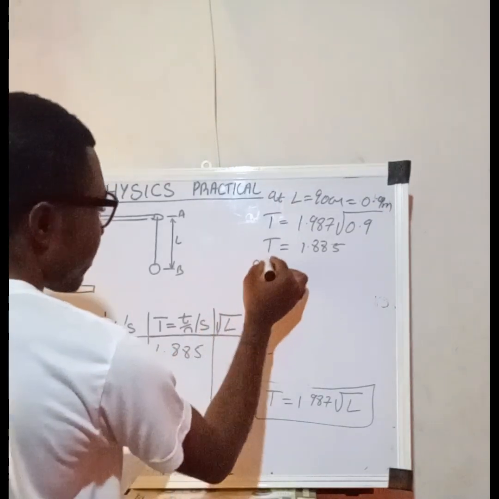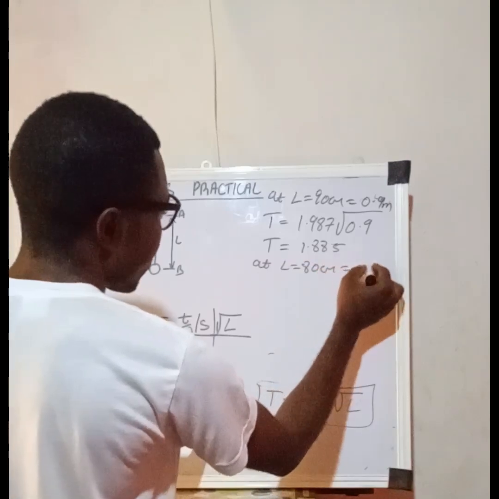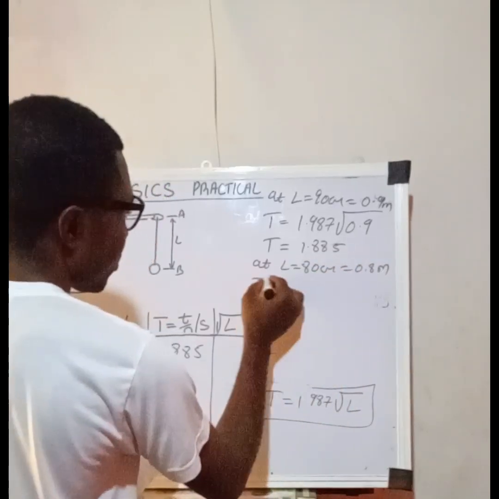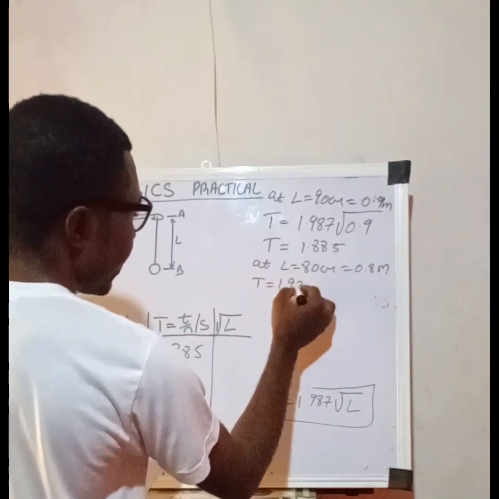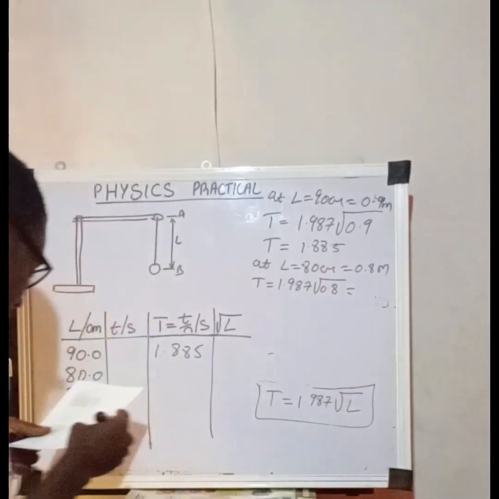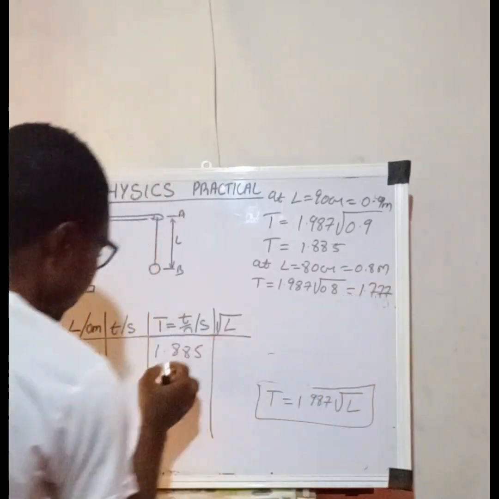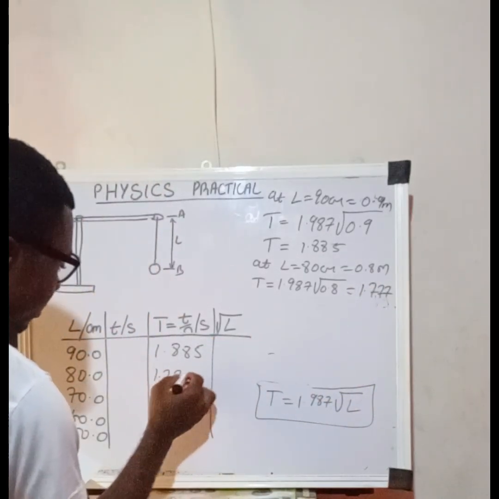You do the same for L equals 80 cm, which is equivalent to 0.8 meters. The period will be equal to 1.987 root 0.8, and what I obtained is 1.777, and you write it here, 1.777.